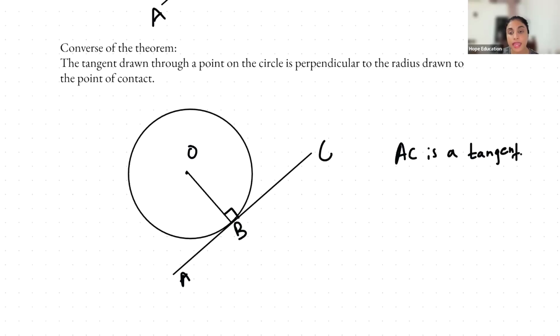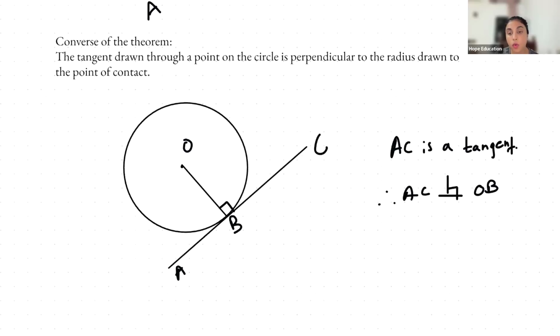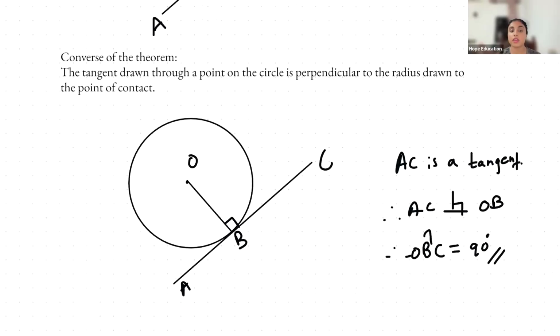Therefore, AC is perpendicular to OB. OB is a radius. And therefore, OBC angle would be 90 degrees. මේ දෙකේම diagram එක එකයි, but the idea is slightly different. They are opposite ideas. අරකේ line එකක් තියෙනවා, radius එකට perpendicular, that's tangent. Here tangent එක තියෙනවා, tangent එක දැක්ක ගමන් you know it is perpendicular to the radius.